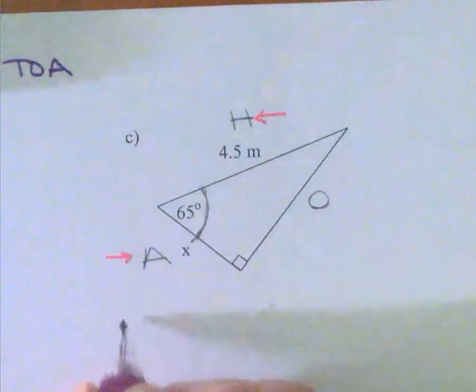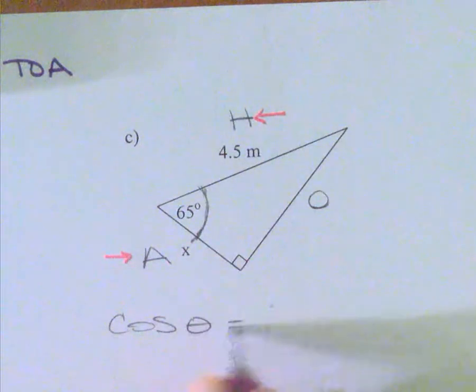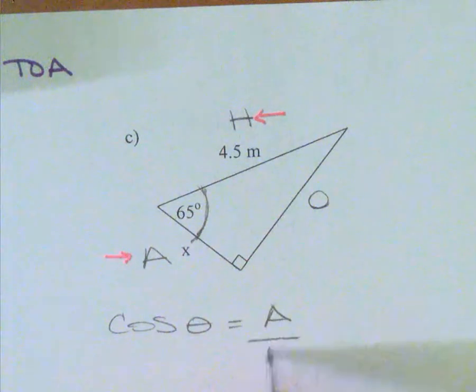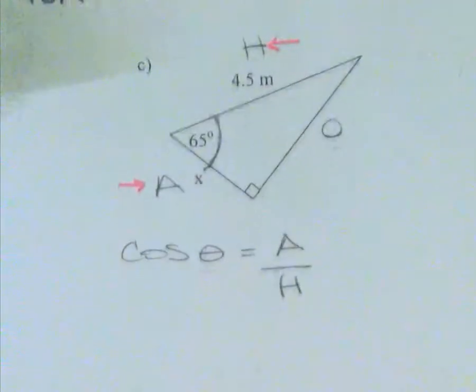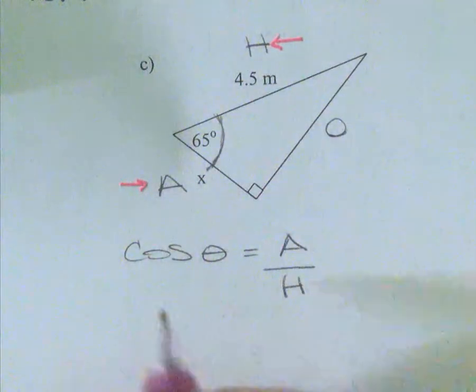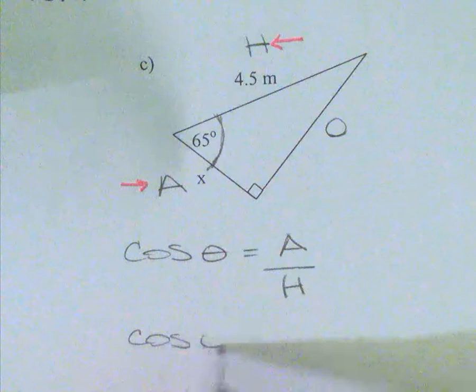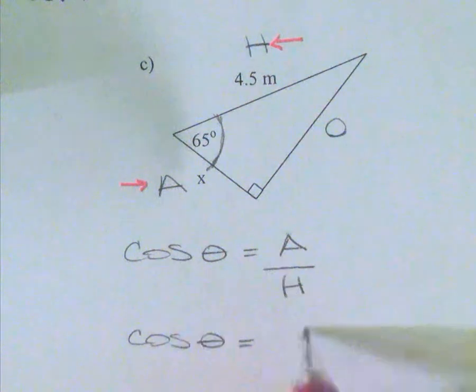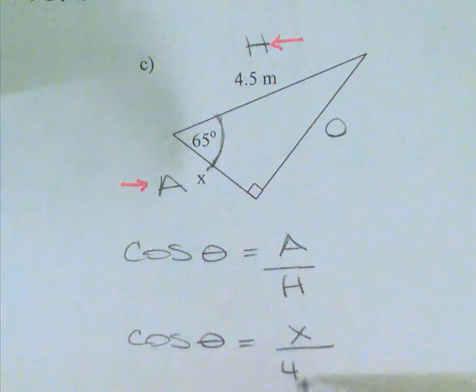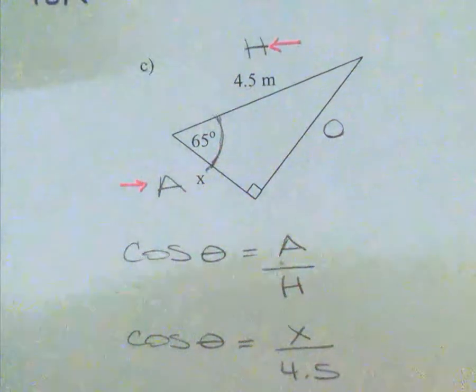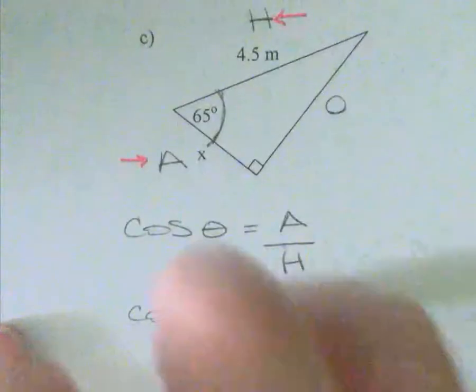So again, I'm going to say, well, this is cos theta is adjacent over hypotenuse. So then I can say, well, cos theta, the adjacent is x, the hypotenuse is 4.5. Oh, let's change that.